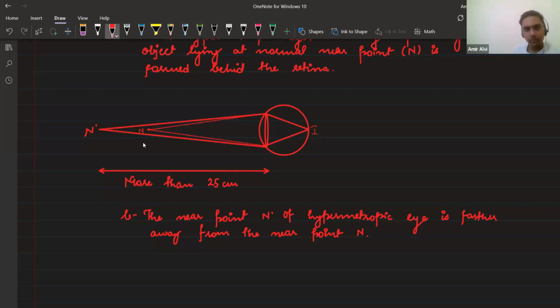Okay. And this is the defective near point, or you can say the near point of this eye.